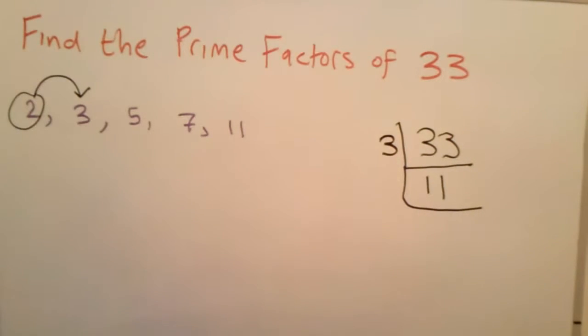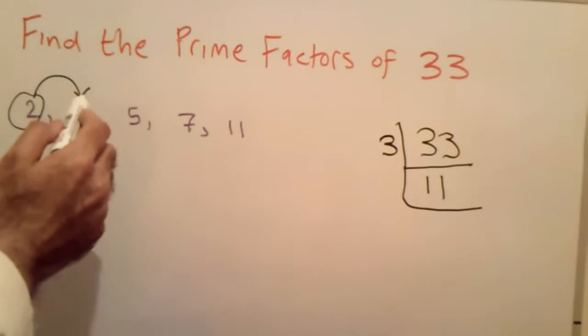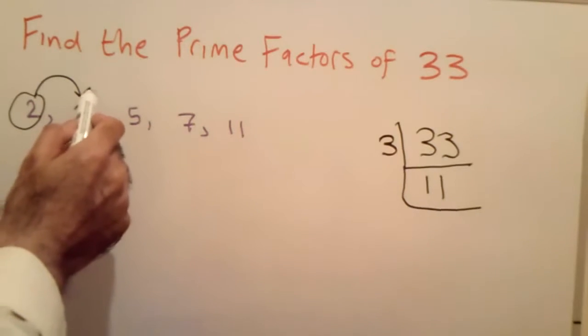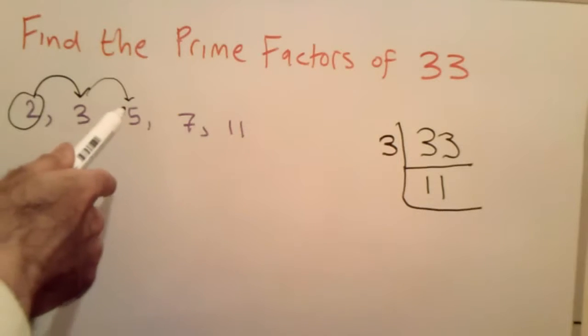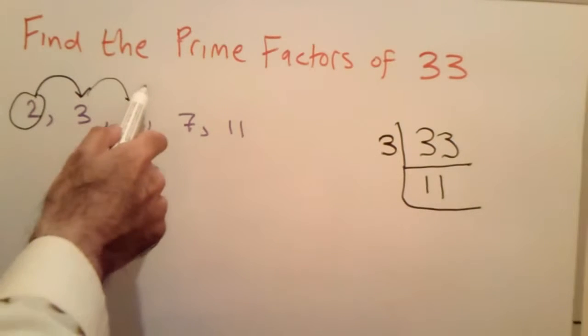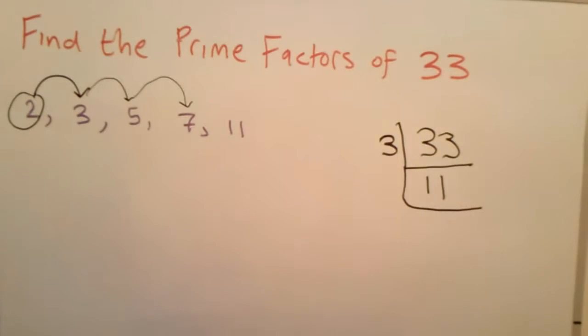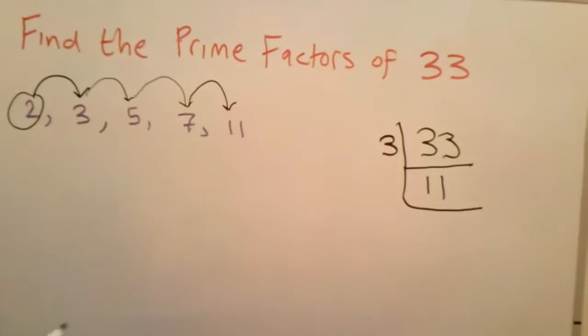Now in this example, what I want to show is that after 3 we would go on to check 5, but 11 doesn't divide into 5, so we would then check 7. But 11 doesn't divide into 7 either to give us a whole number. Then we would move on to 11. 11 divided by 11 will give us a whole number.